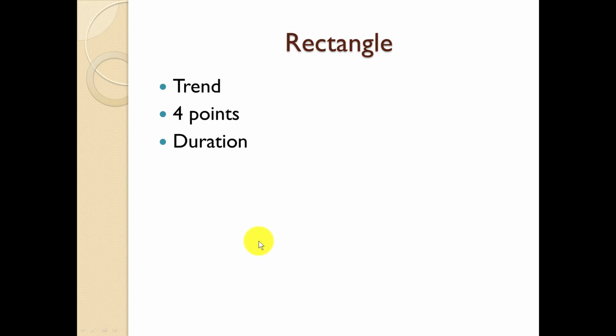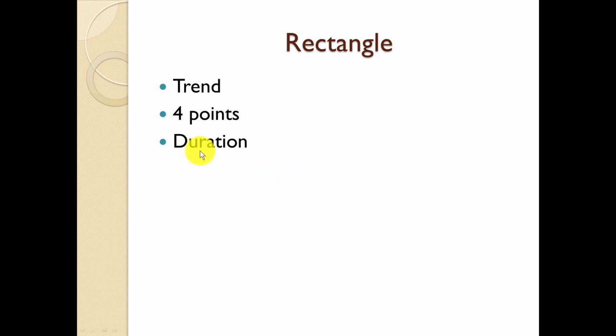If the pattern is less than 3 months old, then you can call it a flag formation or a pennant formation. We will call it a flag, because a pennant has an apex, but a flag need not have an apex.